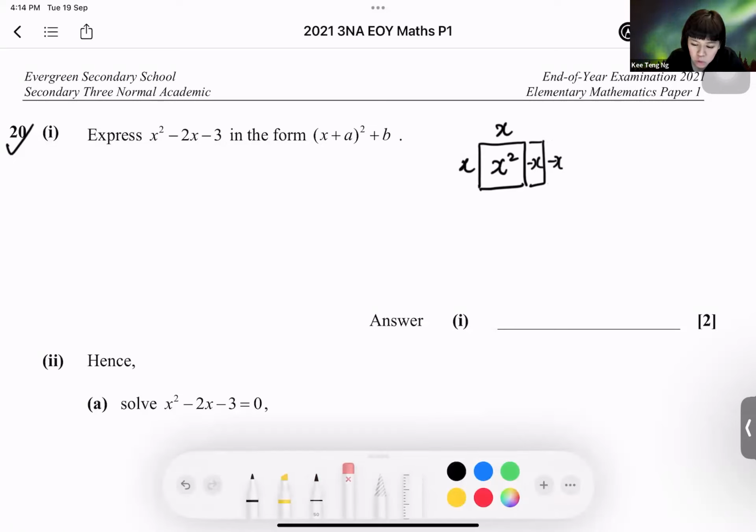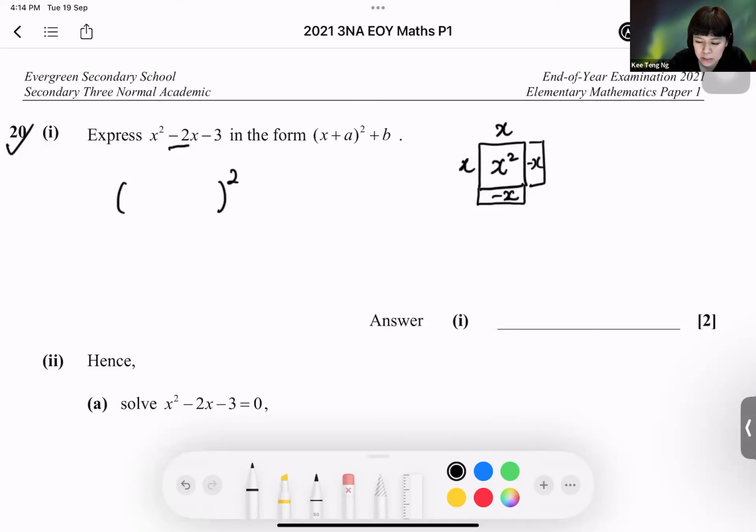So in this case, there are negative 2x. I'm going to divide the negative 2 by 2, so I shift this to become negative x. I split it into 2 equal portions because for a square, the left side and right side, the 2 lengths, are equal. So I have to form this into something square.